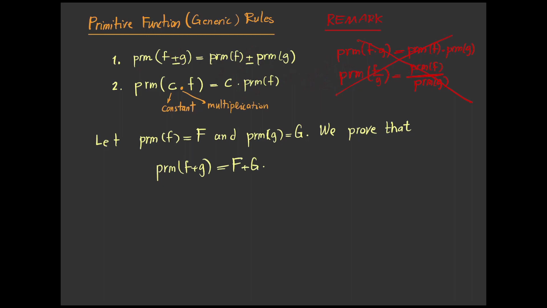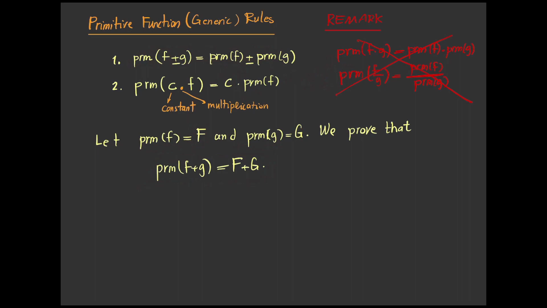Do you understand? If I prove this, I am done. I gave the name capital F to write it simpler, and capital G to that one. Do you agree that if I show this I am done?